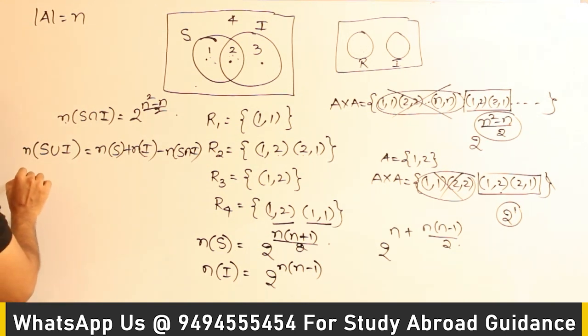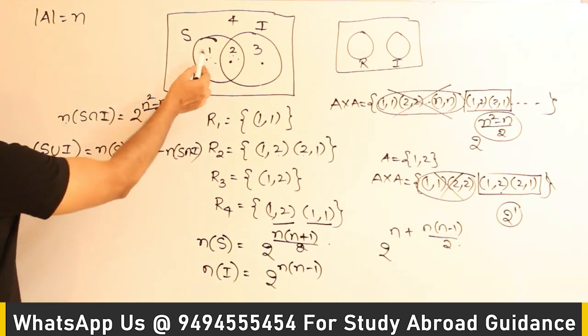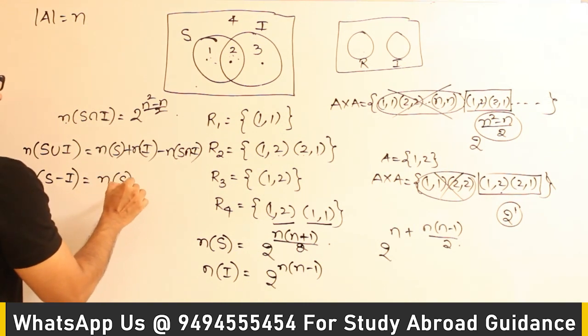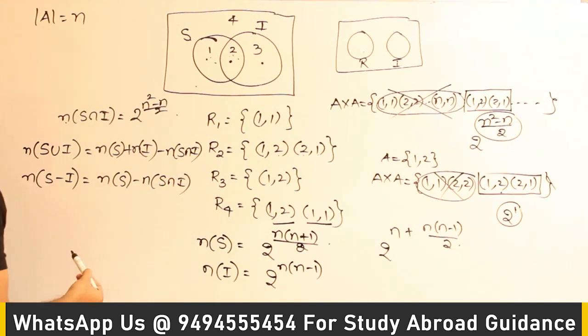Now one other kind of question is, what is the number of relations which are symmetric but not irreflexive, which means they are talking about region 1. So how can you find out region 1? n of S minus n of (S intersection I), isn't it?